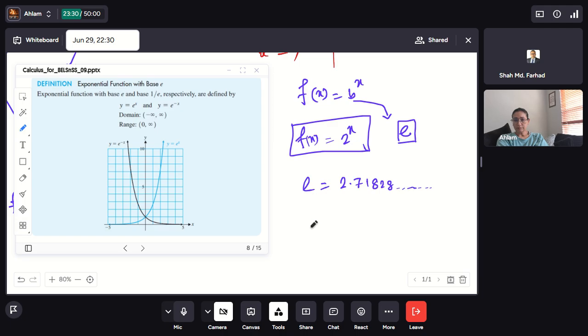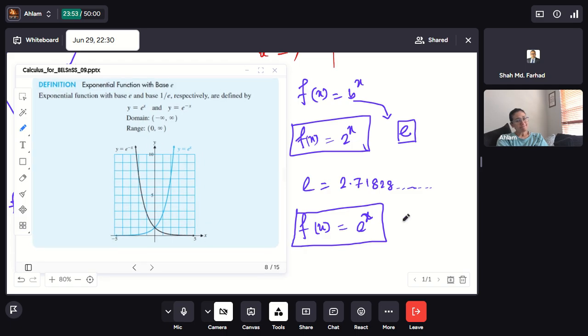If we substitute b with e, we get f of x equals e power x. This is also an exponential function, and this is the graph of this function.